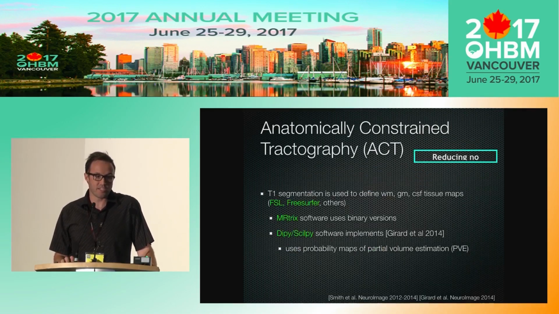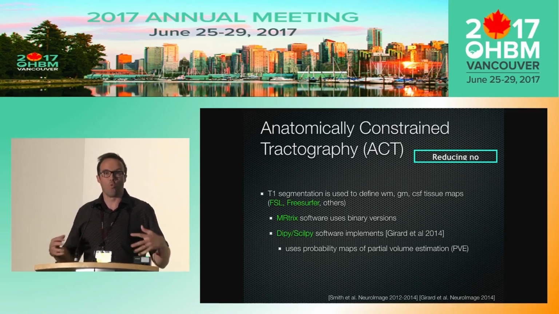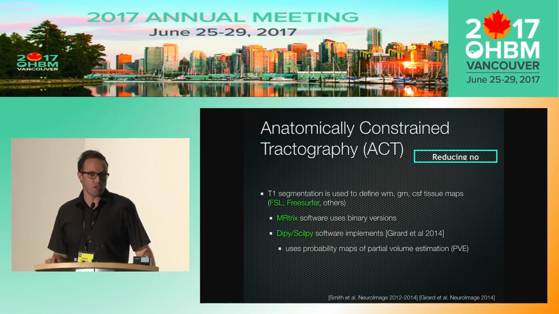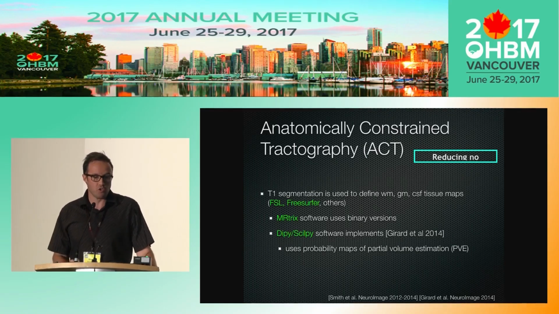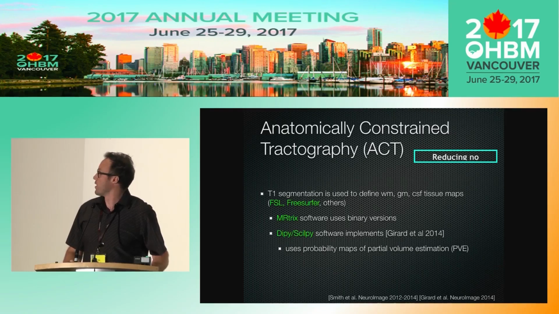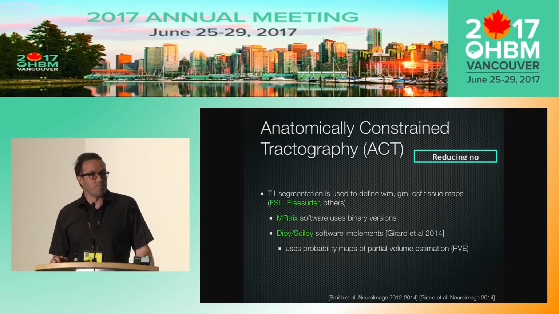And so this term now has been quite accepted in the literature as being called ACT, anatomically constrained tractography. It's a way to inject priors in your tractography process. So MRtrix has a solution. We have a solution implemented in DIPY and SCILPY, where basically you leverage, again, the partial volume maps estimated from your T1 weighted anatomy.